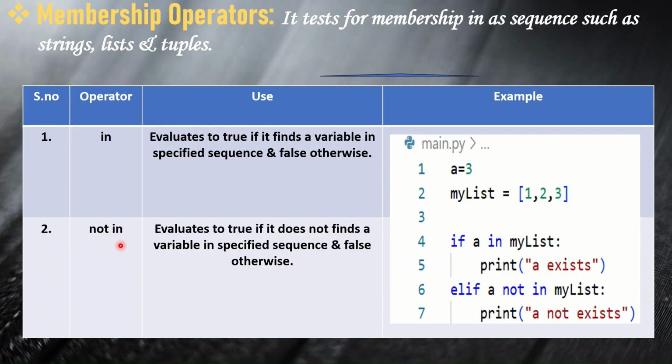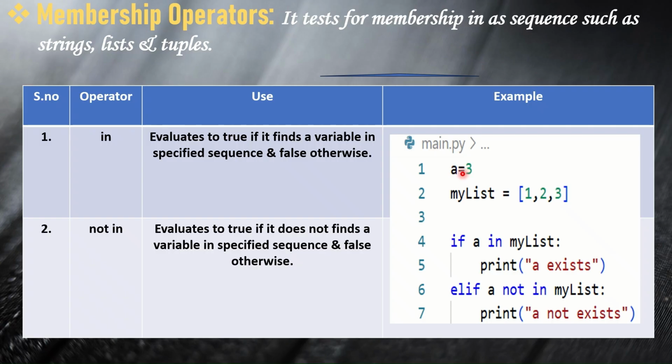Similarly, the not in operator is the opposite of the in operator. It evaluates to true only if it doesn't find a value in the specified sequence. Otherwise, it returns false. I have used this not in operator in the else if condition. If a, which is equal to 3, is not present in the list, then only I'm going to print a not exists. So here we check: else if a not in my list.